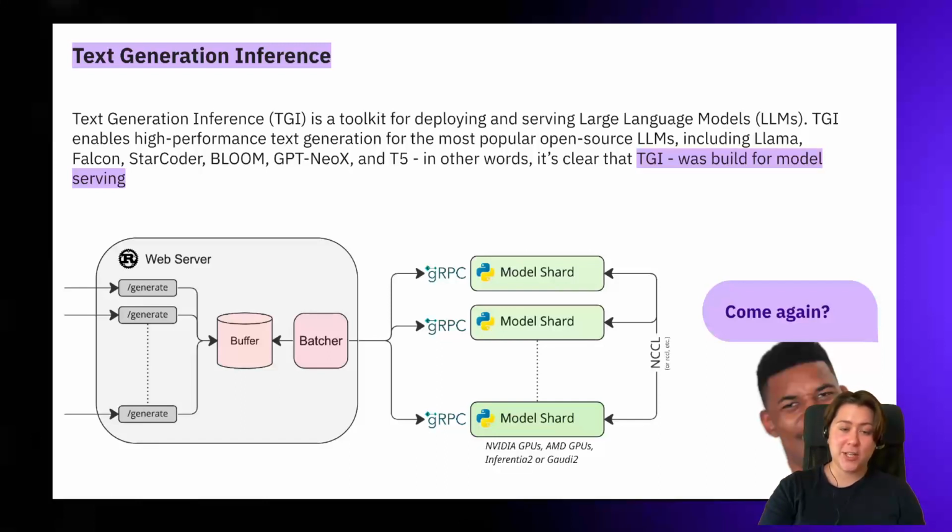It's a container that already has a web server written in Rust with the most common commands that you can use, and under the hood it has a buffer and batcher that will optimize the tokenization for pushing the info into our model. The other part is the actual part where your model is served. That's the model sharding part, where your model can be divided into different shards.